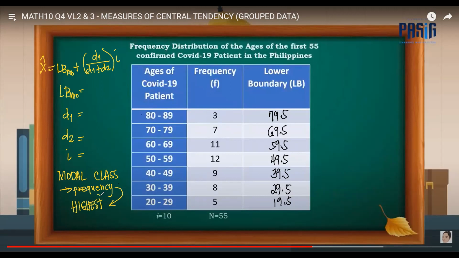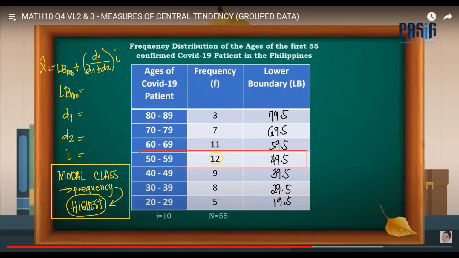So, alin po dyan yung highest ang frequency? Dito. Alin dito 12 yung... Opo, ma'am. Opo, 12. So, yung class na may pinakamataas na frequency, which is 12, is 50 to 59. So, let us mark that.